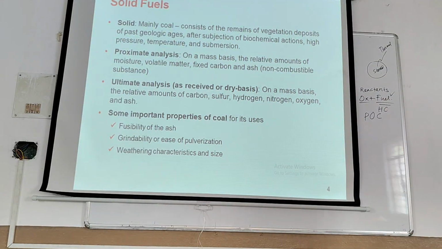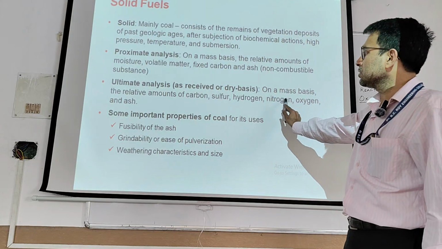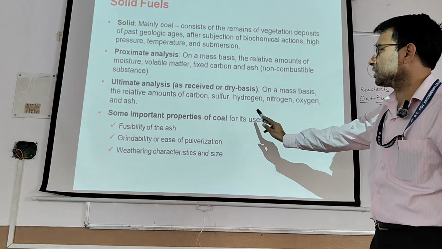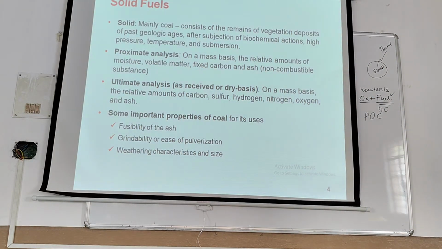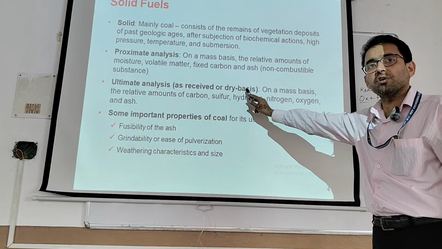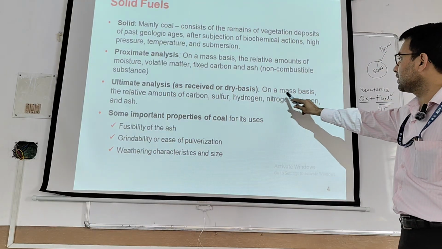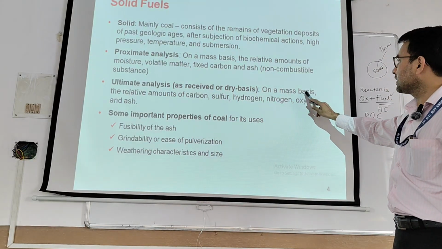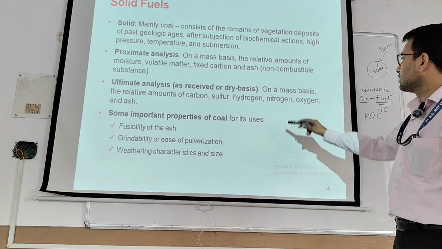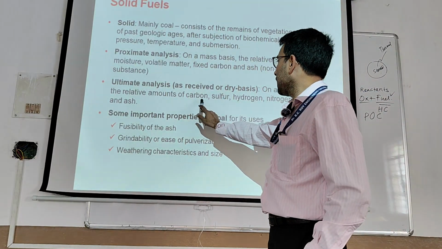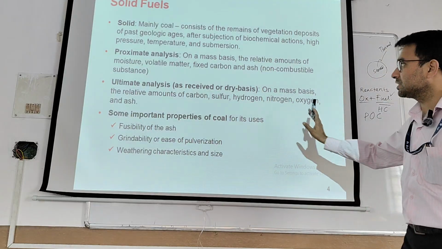Okay. Now, this is a similar thing, but here you have the exact analysis, as received or on a dry basis. This will be a dry basis, there will not be any moisture, so it is calculated per unit mass without the moisture. On a mass basis, you get the relative amounts of carbon, sulfur, hydrogen, nitrogen and oxygen, exactly.